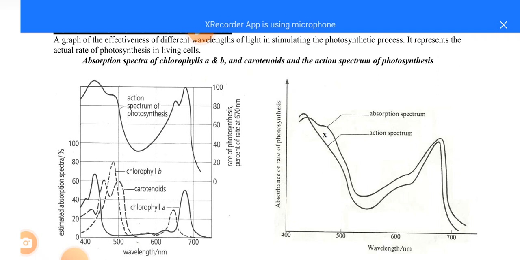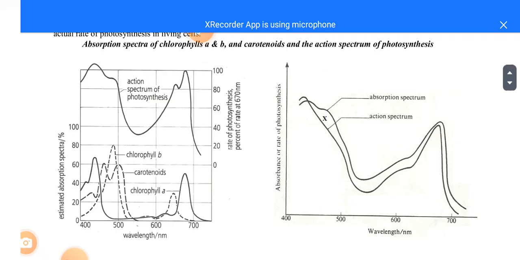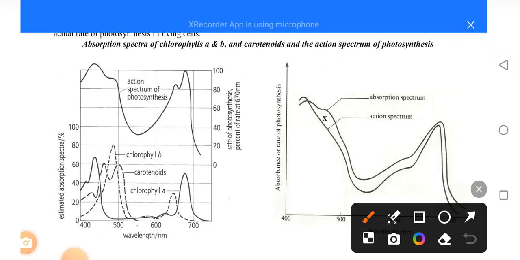Let us call the first one graph 1, and the second one graph 2, or graph A and B. In graph 1, we have the wavelength, and here the estimated absorption spectra percent.